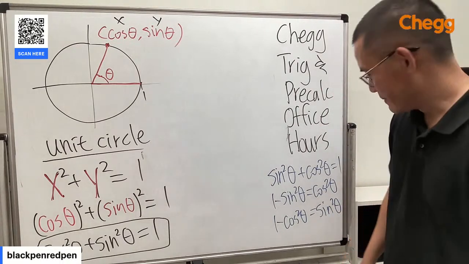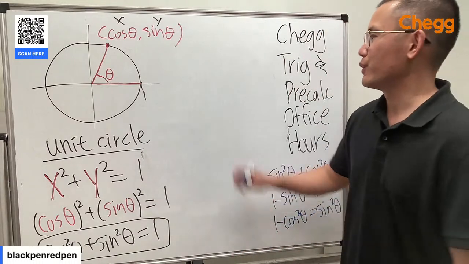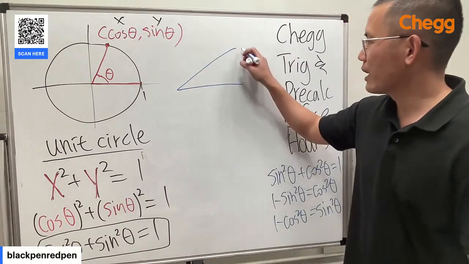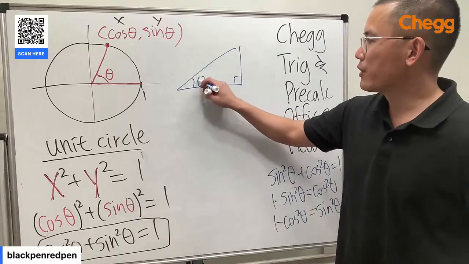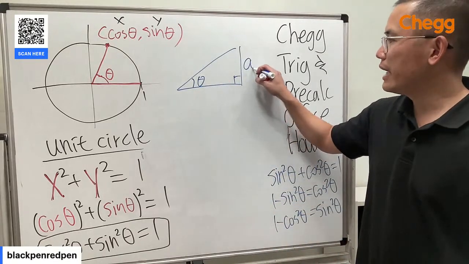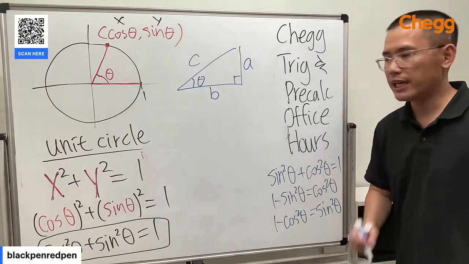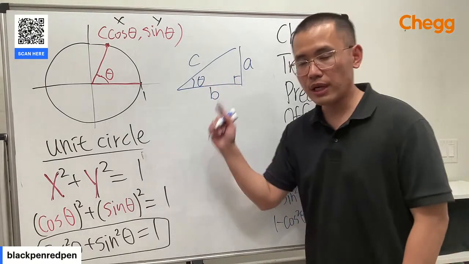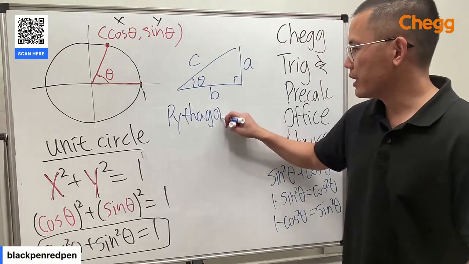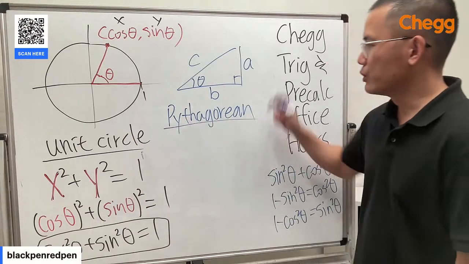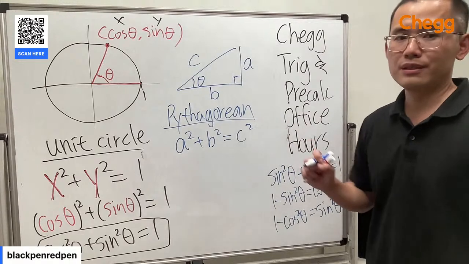Okay. And then maybe you have seen another proof like this. I will also do that for you guys real quick. If you have a right triangle, you can look at this from the right triangle point of view. Let's say here is the angle theta, and let's say here we have A, B, and C. The reason that this is called the Pythagorean identity is that if you have a right triangle, then you can just go ahead and use the Pythagorean theorem, which is, of course, A squared plus B squared equals C squared.